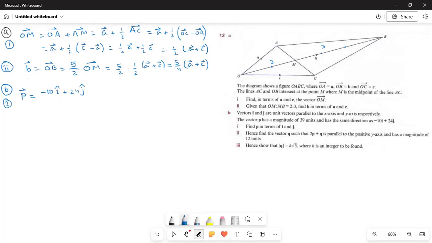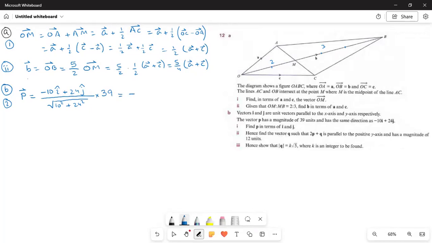Okay, so first of all, I would like to find a unit vector in this direction. So for that, I will divide this whole thing by the magnitude of this whole vector. So it's the root of 10 squared plus 24 squared, right? So this is the unit vector now. With this vector, I will multiply this magnitude 39. Okay, makes sense? So if I simplify this whole thing, it will give me 3 by 2.